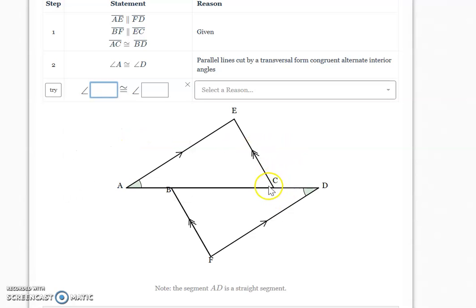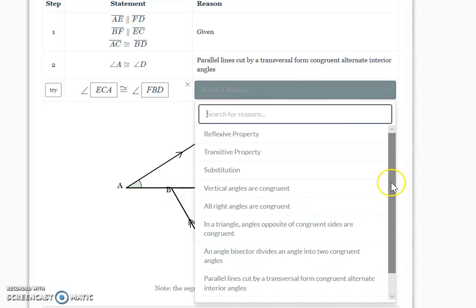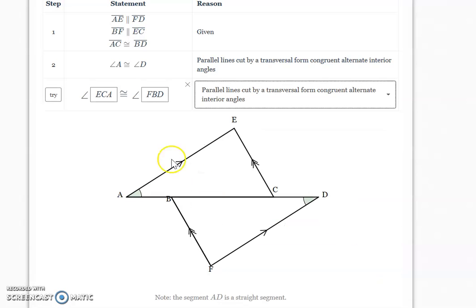I don't want to call this angle C because out here is also angle C, so I'm going to use ECA. This angle right here is angle ECA, and it is congruent to FBD, and those again are alternate interior angles.